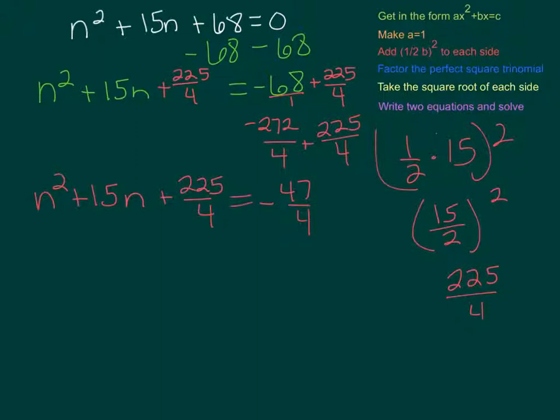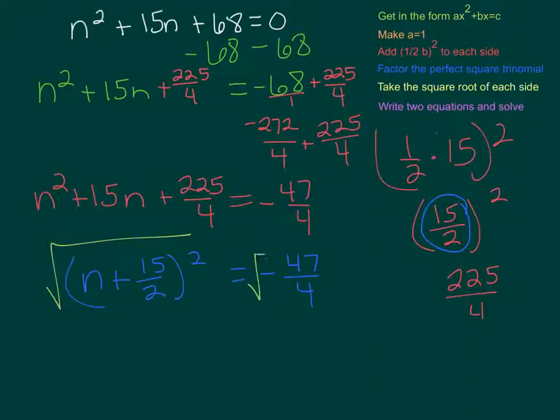Okay, now we need to factor the perfect square trinomial. Now you may remember in the other problems I showed you, when we take the square root, it's always this number. And the square root of 225 over 4, again, is 15 over 2. So it's n plus 15 over 2 squared equals negative 47 over 4.